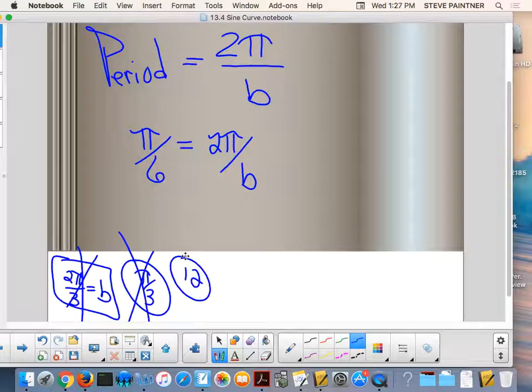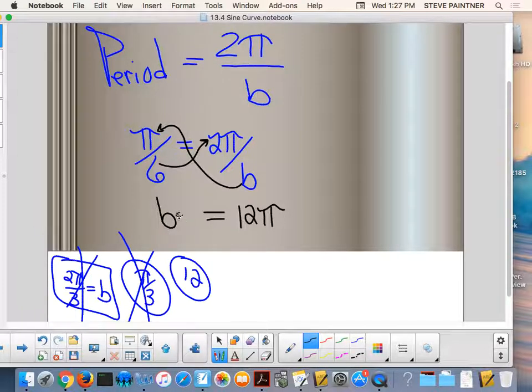Now, guys, please listen to this. I taught you this a couple weeks ago. When you have an equal sign in between two fractions, this is called a proportion. Proportions can be treated the same all the time. Denominator times the numerator, denominator times the numerator, and set them equal to each other. What's 6 times 2 pi? 12 pi. What's b times pi?